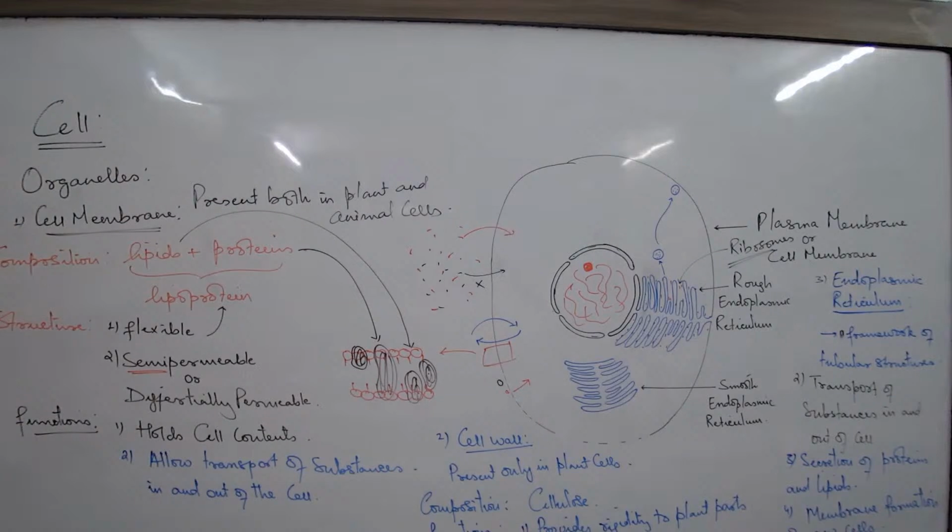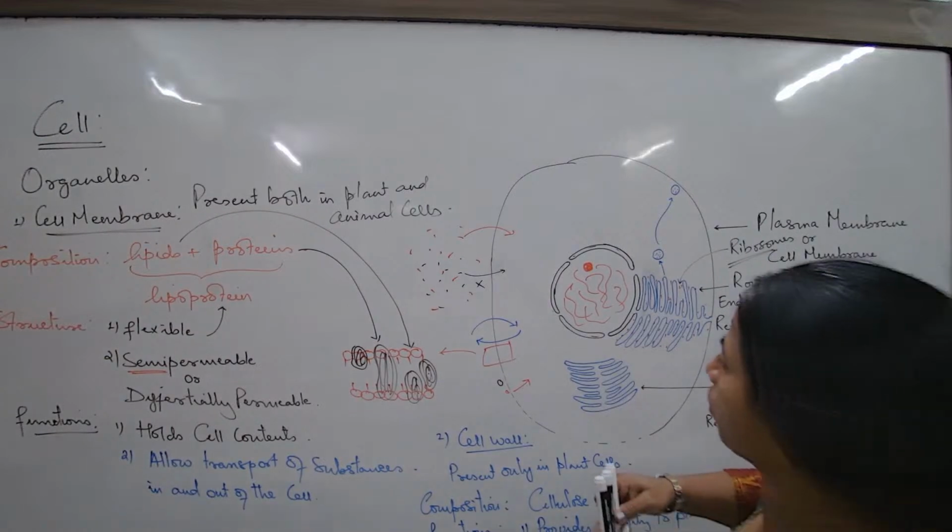Tell me if there is any word you are not understanding. In the next class I'll take up another four organelles. Are these points clear to you? Cell membrane, cell wall, endoplasmic reticulum. Clear?